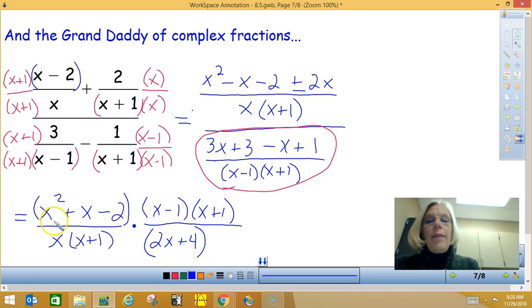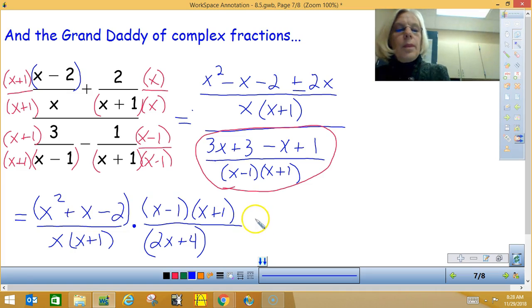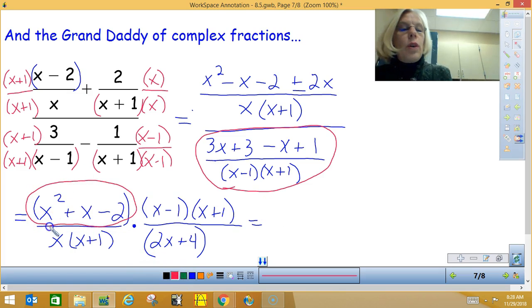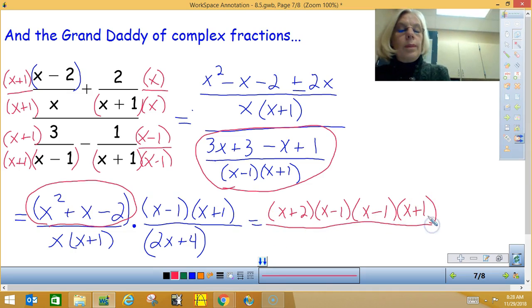Looking at this numerator, that factors further. So right here, this factors to x plus 2, x minus 1. Then I have my x minus 1, x plus 1, all over. Here I have a factor of x. Here I have a common factor of 2.